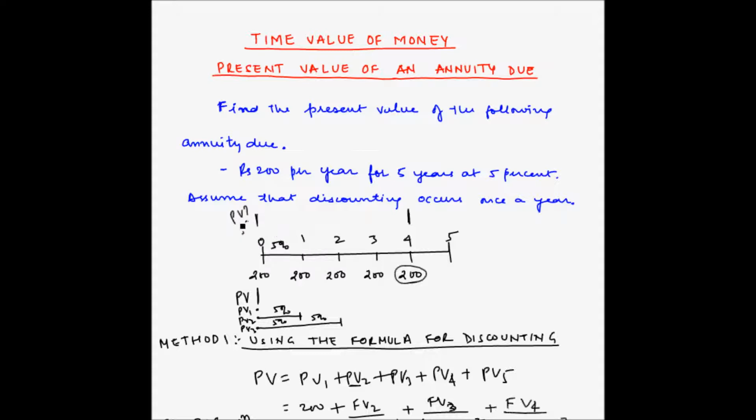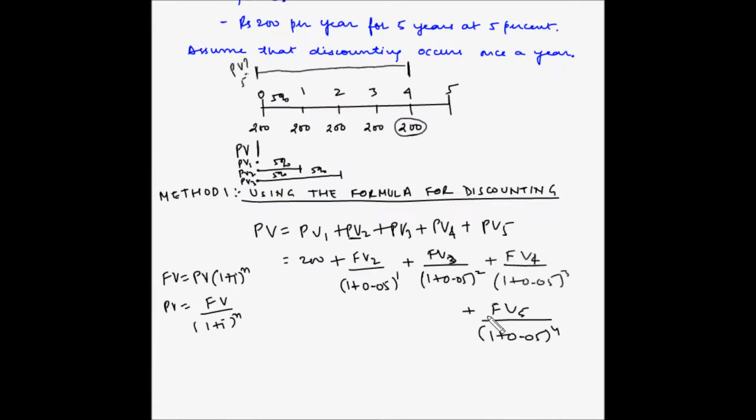So this amount PV5 will be invested for 1, 2, 3 and 4 years. So it will gain interest of 5% per annum for 4 years only. So that's why we have 1 plus 0.05 to the power 4.